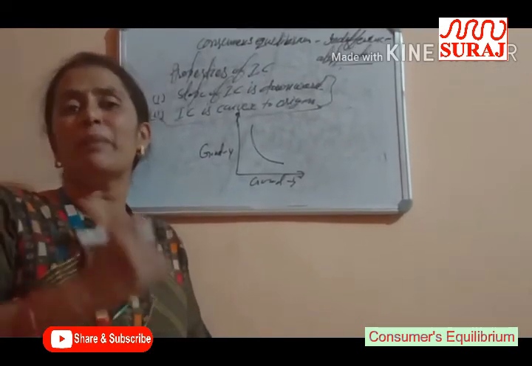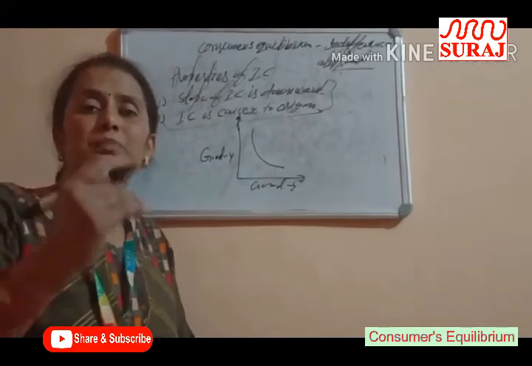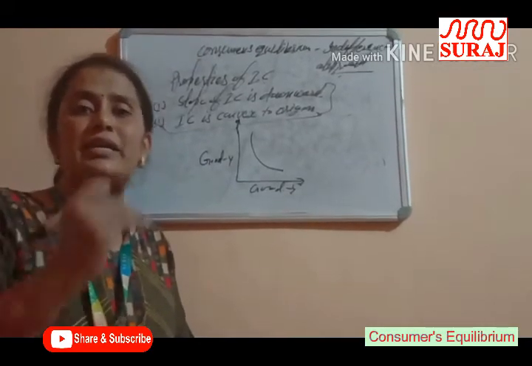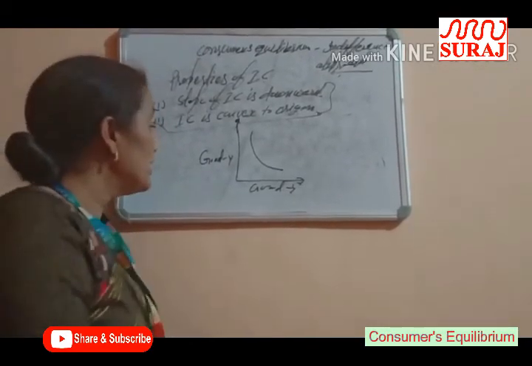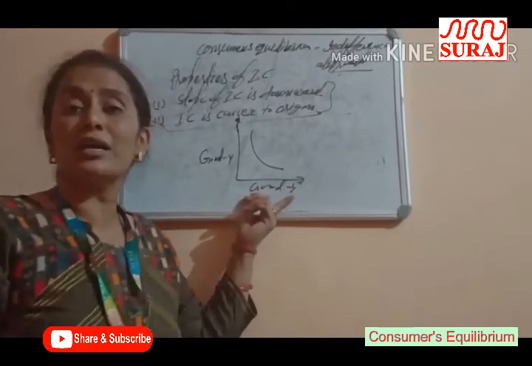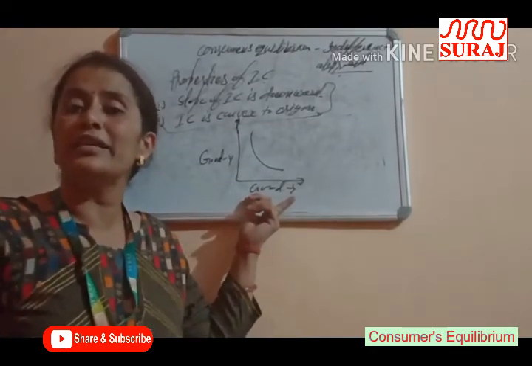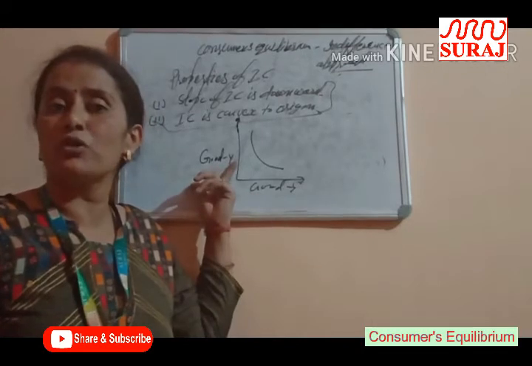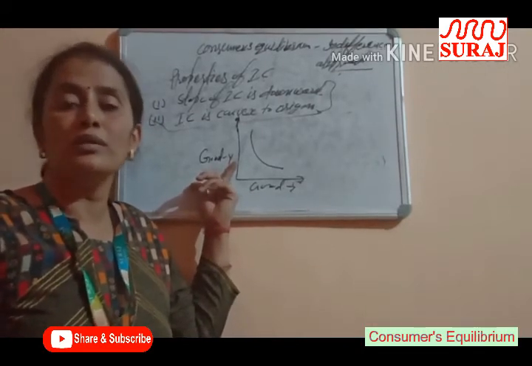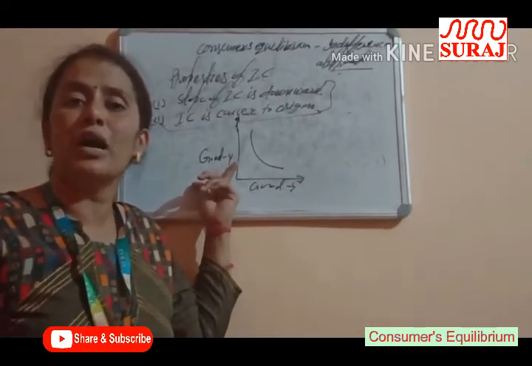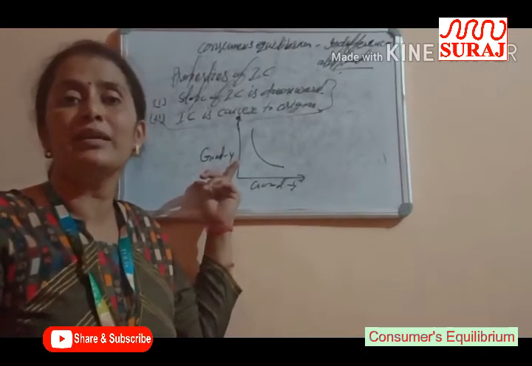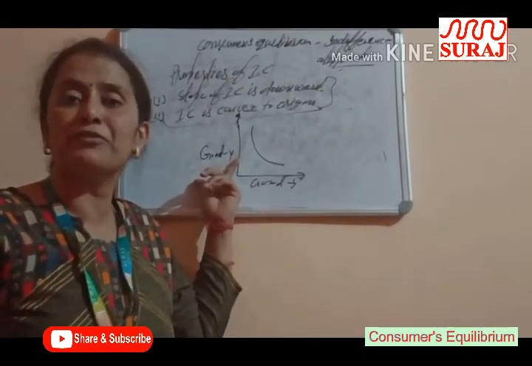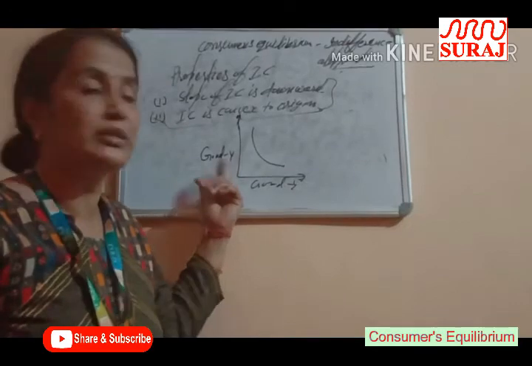So if he wants to increase the consumption of good X, then he sacrifices the consumption of good Y. So the slope of IC is downward, negatively sloped from left to right. This is the main reason.